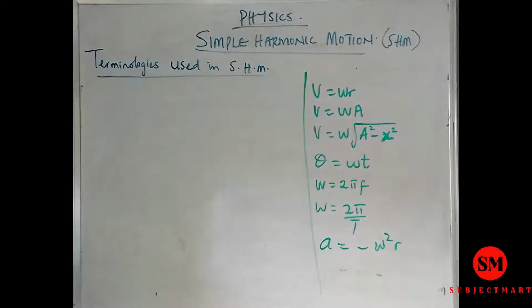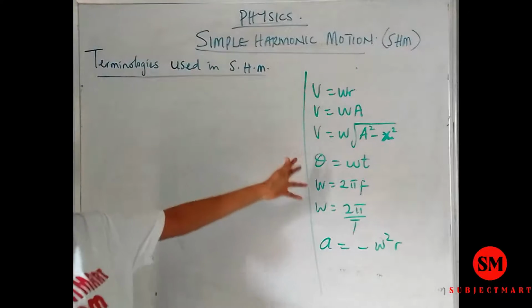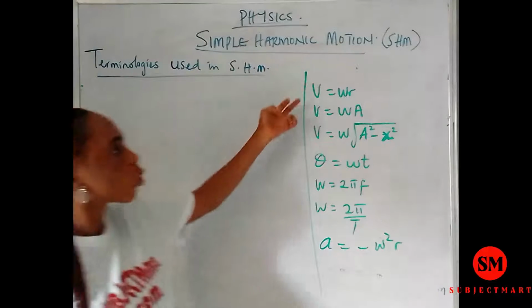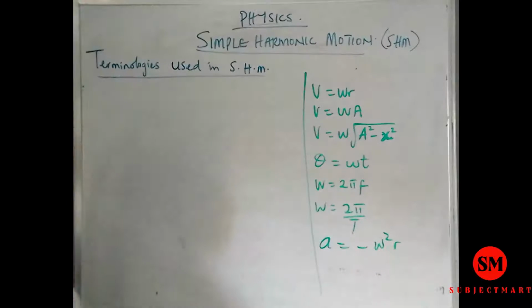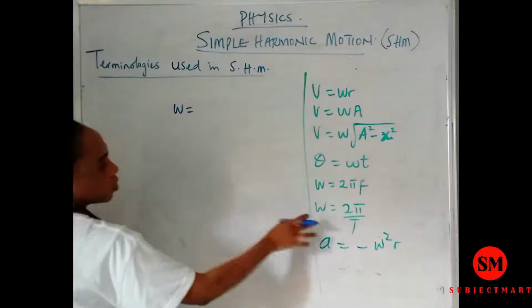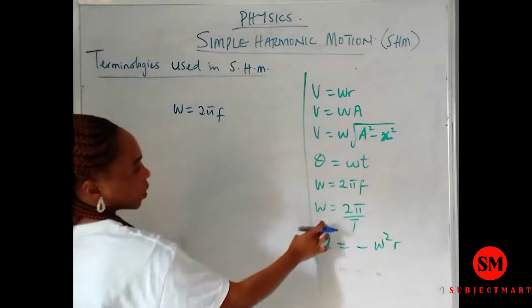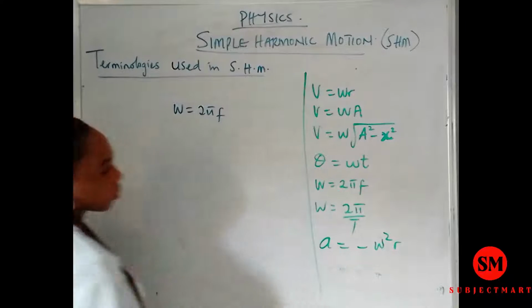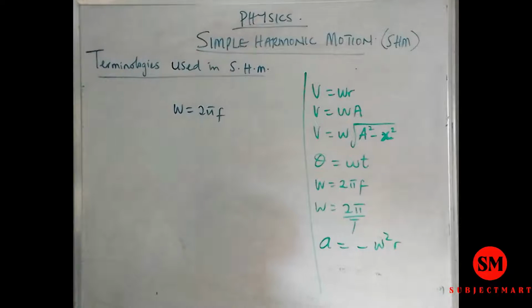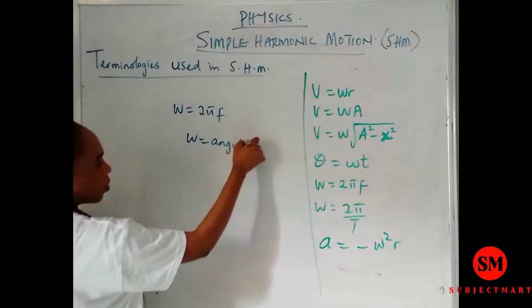In solving problems involving simple harmonic motion, here are some formulas that will be required. The first one, V is equals to W R. W is equals to 2 pi F, and also W is equals to 2 pi over T. W is the same thing as the angular velocity.